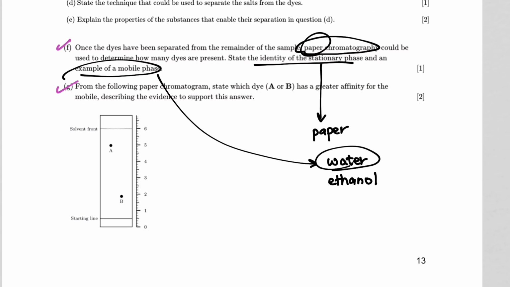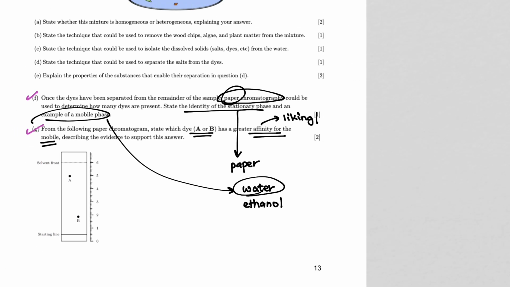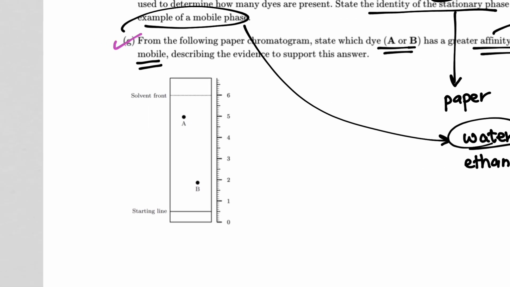Then state which dye, A or B, has greater affinity to the mobile phase. Affinity means liking, which means interactions. So which dye, A or B, has greater interactions with the mobile phase? If it has greater interaction with the mobile phase, it will be carried further up.